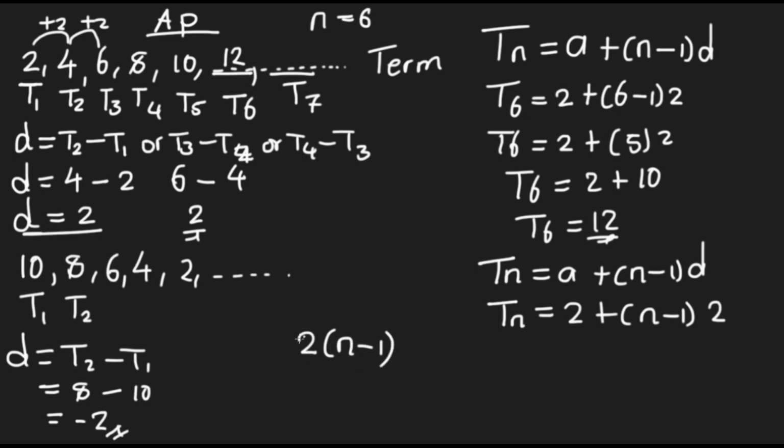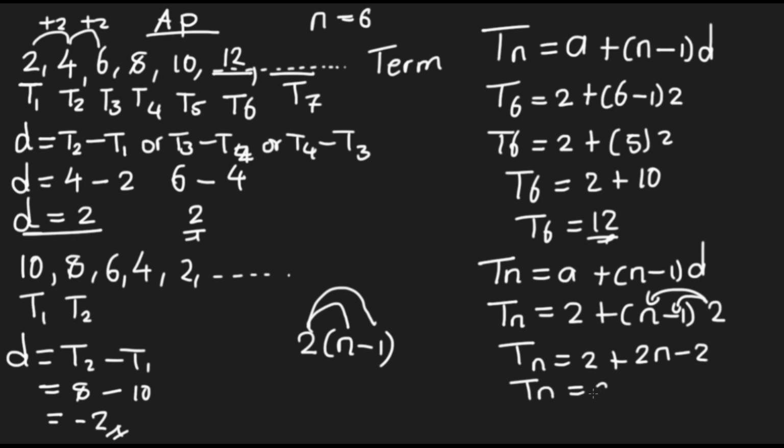What this simply means is that the 2 multiplies everything inside the bracket. So 2 multiplied by n is 2n. 2 times negative 1 is negative 2. Now we can collect the like terms. So we have 2 minus 2 plus 2n. Then these can cancel. So our nth term is equal to 2n.